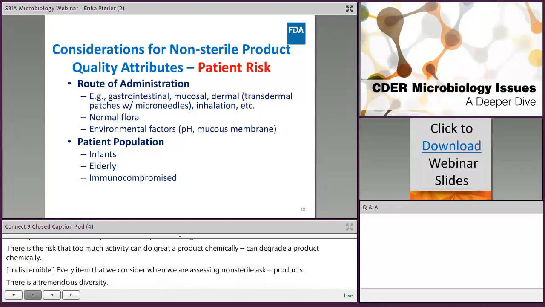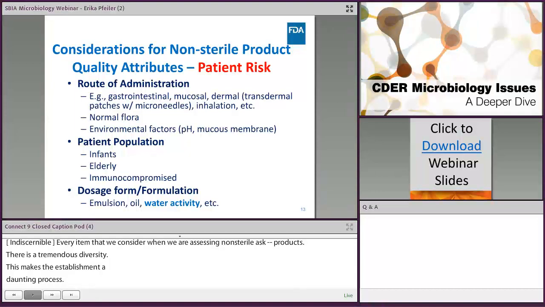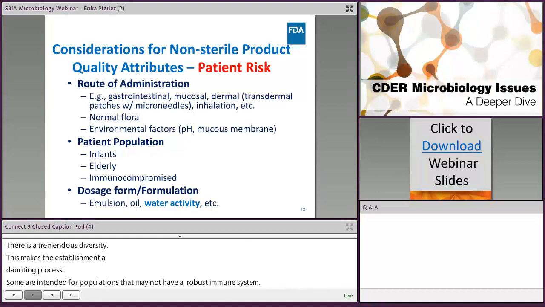Additionally, some products are intended for patient populations that may not have the robust immune function that protects them from exposure to microorganisms. Finally, there's a tremendous diversity in the types of formulations seen for non-sterile products. With all these considerations, there's really no one-size-fits-all risk mitigation strategy.